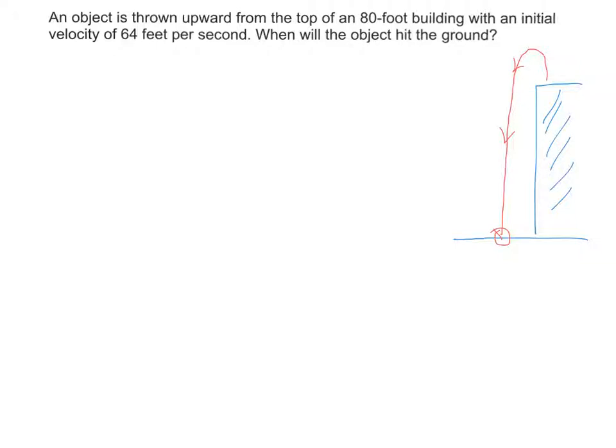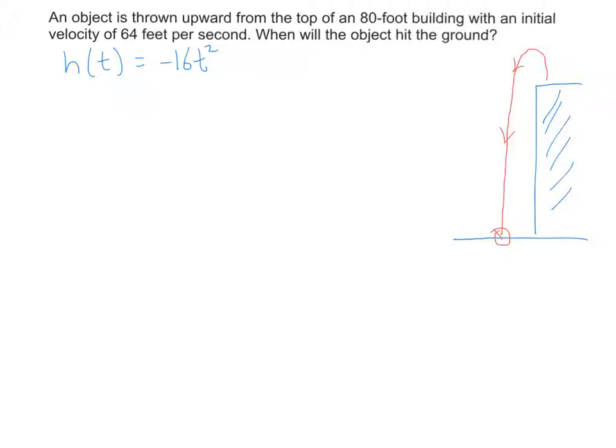So these kinds of problems, if this one is done in feet, with feet per second and an 80-foot building, what that tells us, we have height as a function of time, and when it's feet per second, the acceleration of gravity produces this equation.